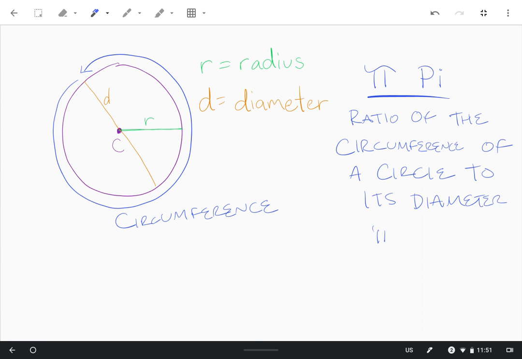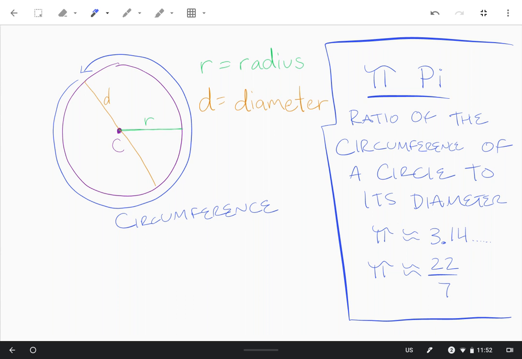And pi has an approximate value of 3.14, and then that decimal continues to go on and on. Another way of expressing pi you see often is 22 divided by 7, but again, that is an approximation, meaning that is not the exact value of pi. We don't actually know the exact value of pi, but this is a summary of what you need to know about pi.